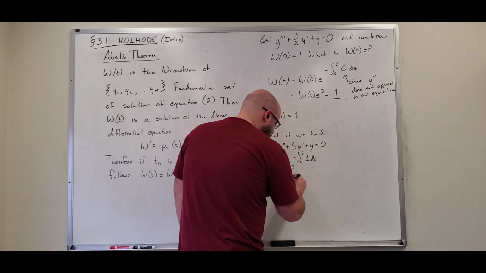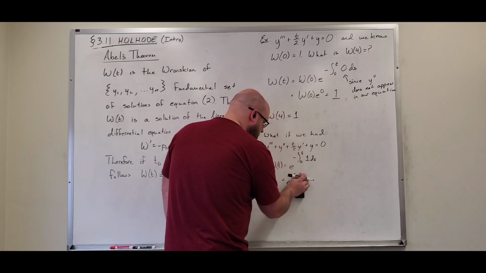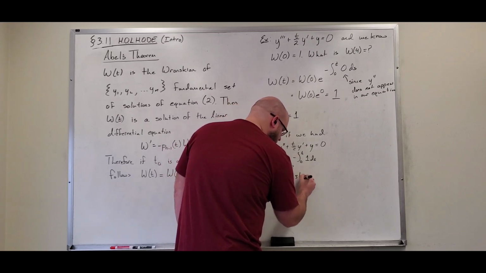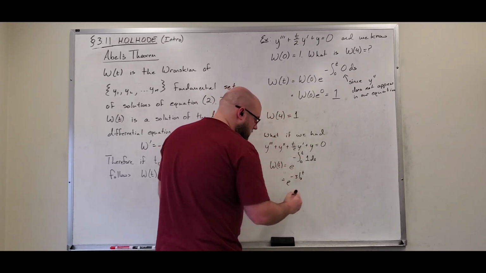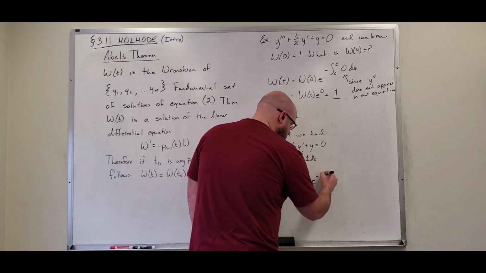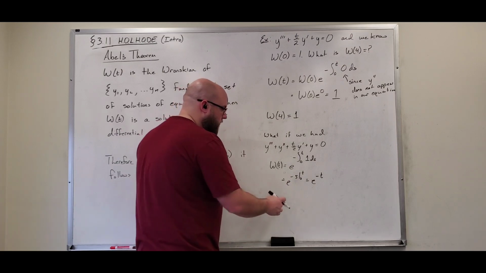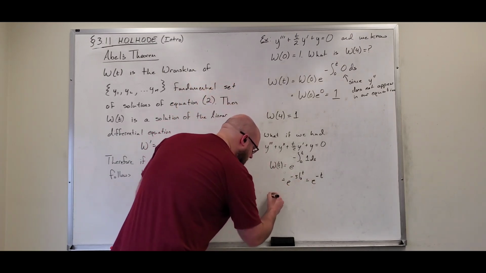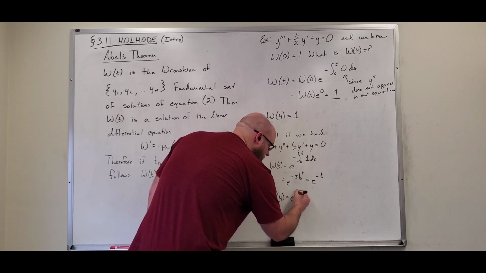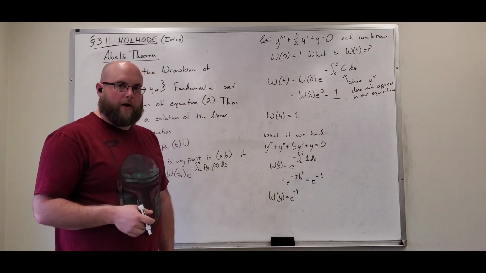So we're going to get e to the negative s, evaluated from 0 to t. Well, if that's the case, we get e to the negative t minus 0. So therefore, we get e to the negative t. That means W of 4 is going to equal e to the negative 4, and that would be the Wronskian's value.